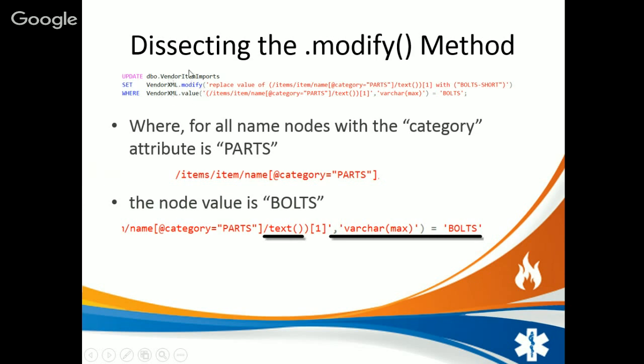So we are replacing the value of the first occurrence of a name node, where the attribute category is parts, for the first occurrence of that node, where the name value is bolts. So change it from bolts to bolts short is what that modify statement does there.